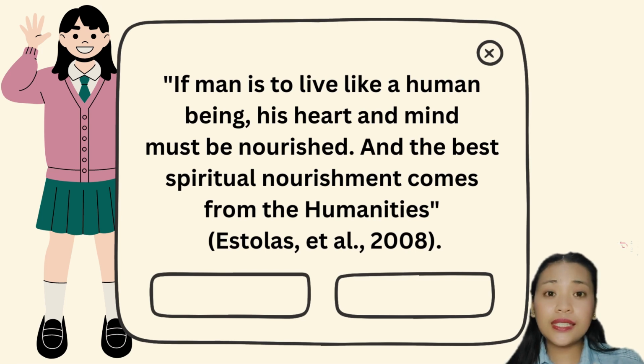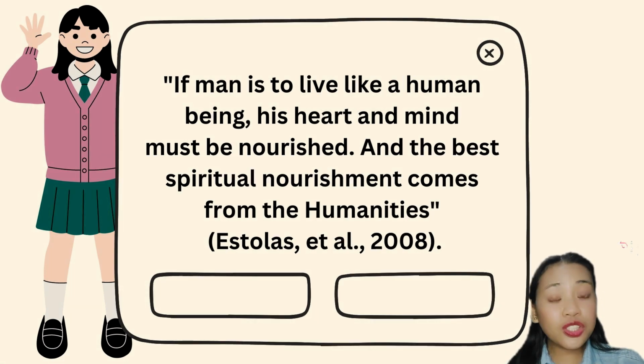But in all cases, their principal task remains the same, which is to make man conscious and critical of, and sensitive and responsive to, the norms and hopes of the society. As aptly put by one writer, if man is to live like a human being, his heart and mind must be nourished, and the best spiritual nourishment comes from the humanities.